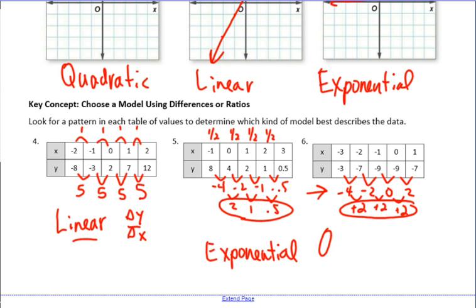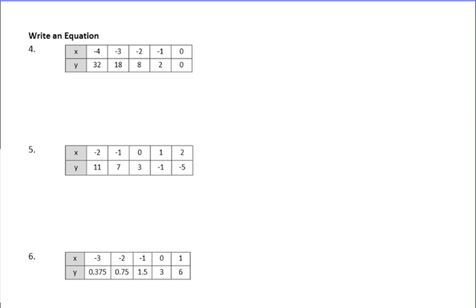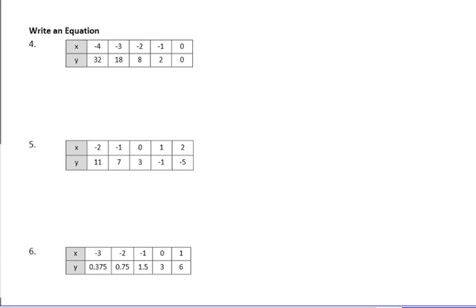So this is a quadratic function. That's how you tell it's quadratic. If not the first differences, but the second common difference is the same, then that tells us it's a quadratic function. So we can tell what kind of function it is by a picture, we can tell by table values. And now on the next page, we're going to come up with the equation.